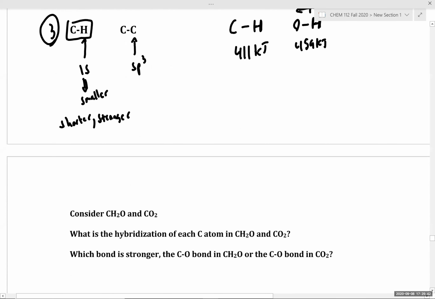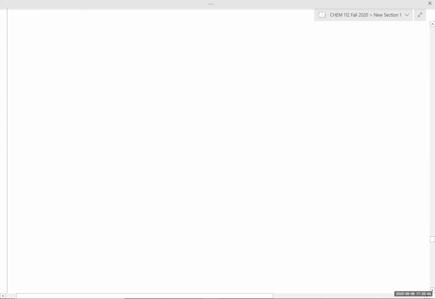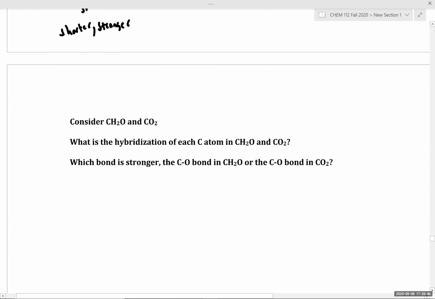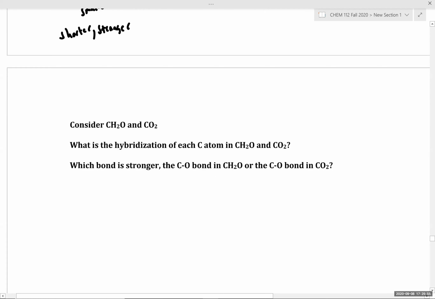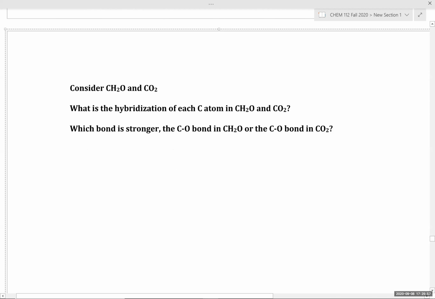So what I'd like you to do now is engage with the following example. This is the kind of example that you may see and that you've probably seen on some of the introductory homework assignments if you attempted them a little bit early. I'd like you to compare formaldehyde and carbon dioxide.